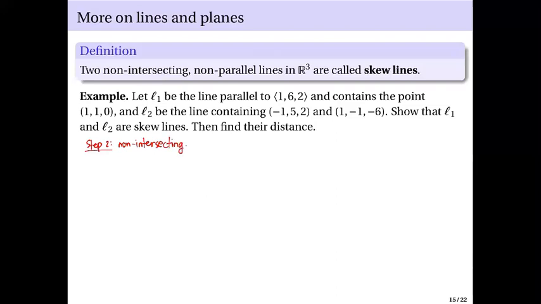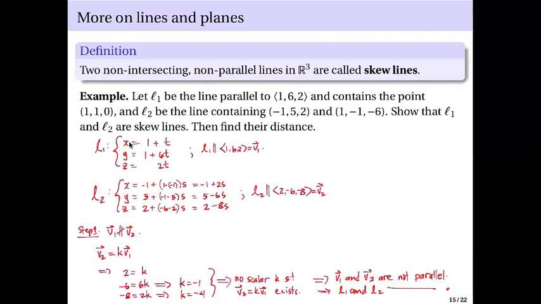So how do we do this? We compare again coordinates. So x equals this x, y equals this y, z equals this z. And we show that there's no solution to the system.